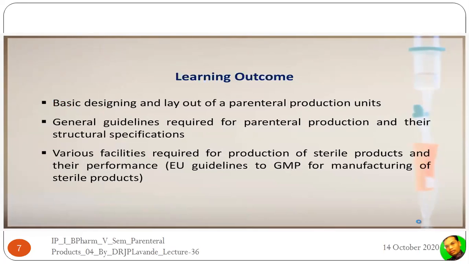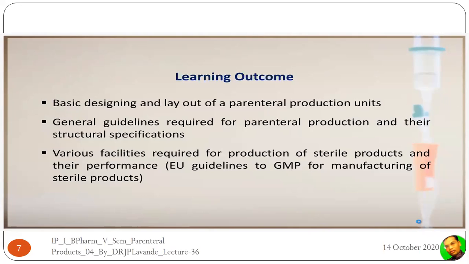In this particular session, in the coming few slides, after completing all these details, you must be able to understand the basic designing and layout of a parenteral production unit, the general guidelines required for parenteral production and their structural specifications, the various facilities required for the production of sterile products and their performance, and the European Union guidelines to good manufacturing practices for manufacturing of these sterile products.